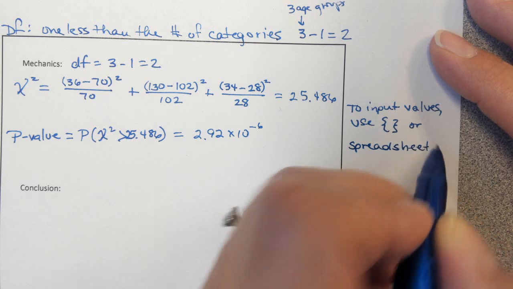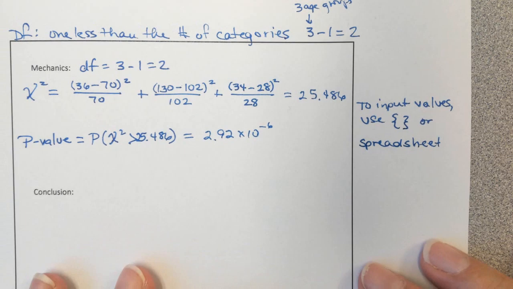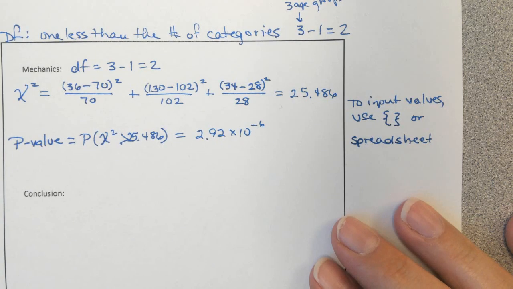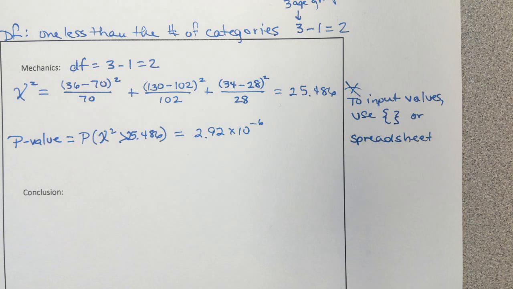Braces, I think, are probably just a little faster, because you can do it all in one step. So that's the way that I will normally do things. Okay, so nice little note there. So really quick mechanics, and the calculator does the majority of the work, it does all the number crunching. We have no number crunching to do at all.